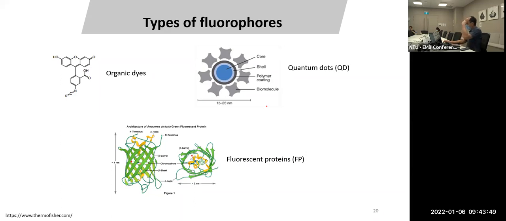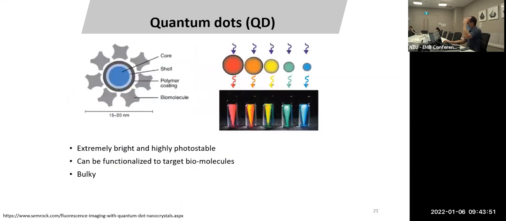Just to say a few notes about quantum dots, they are actually very, very bright and very photostable. You can functionalize the outer shell here to be able to target certain molecules, but it's kind of limited. And because of the big size, 15 to 20 nanometers, they are pretty bulky.